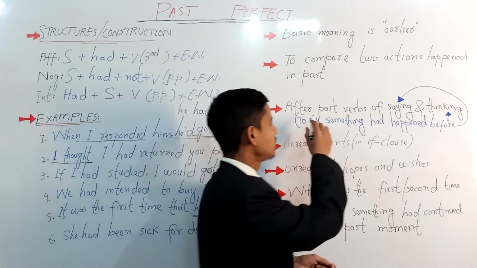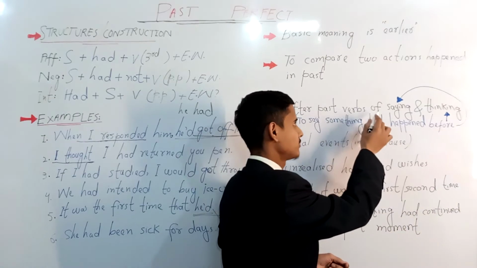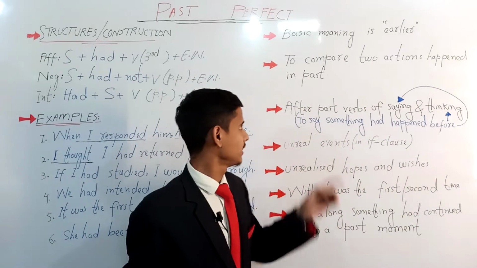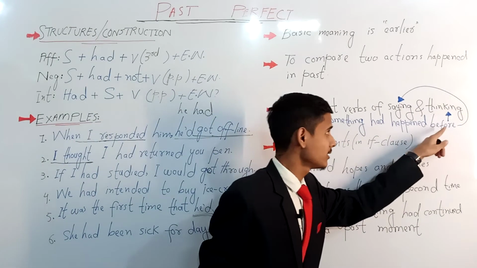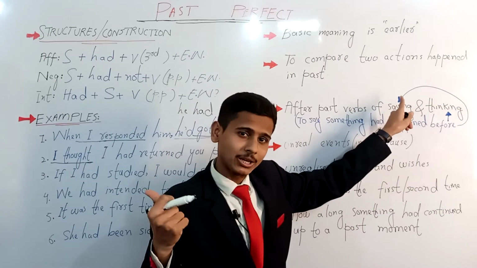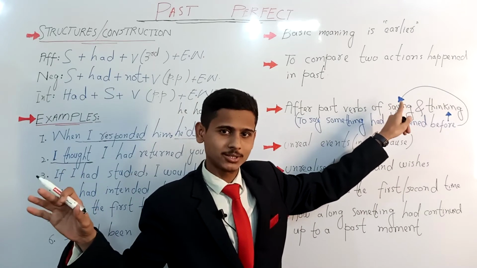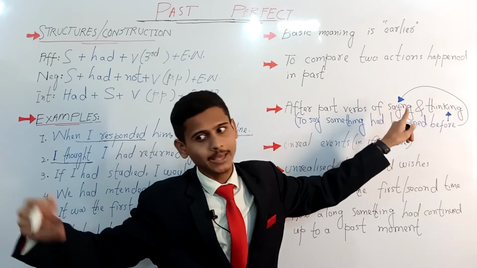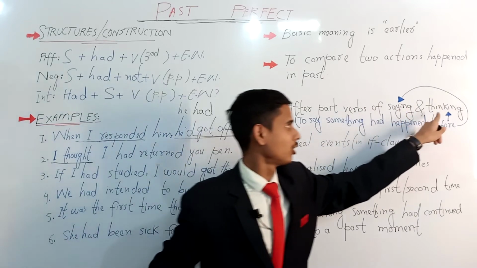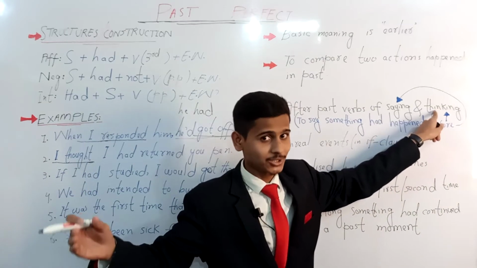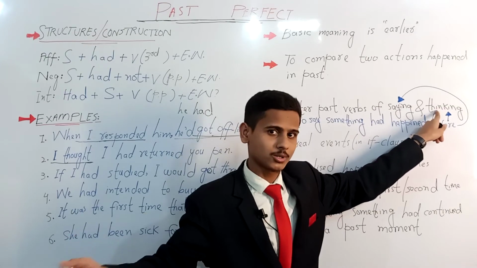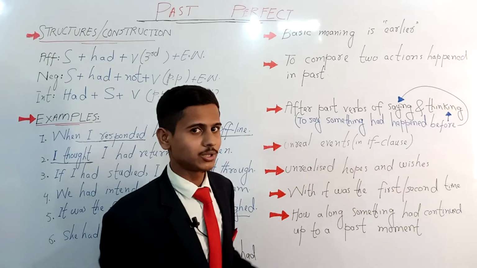We use it after past verbs of saying and thinking specifically to say that something had happened before saying. In the past, a person is saying something, so before he is saying, an action had happened, right? Or he was thinking in the past, an action had happened before he thought. Got it? So I don't need to give any more examples.